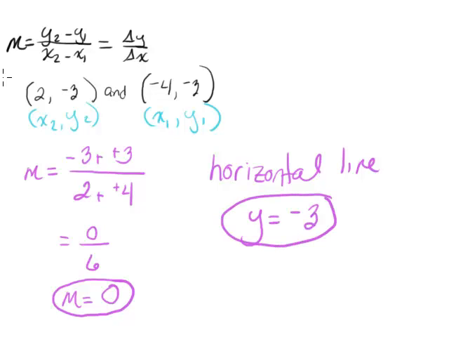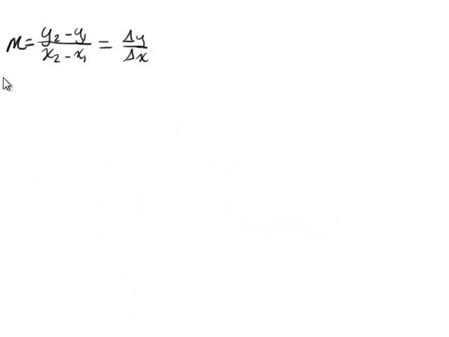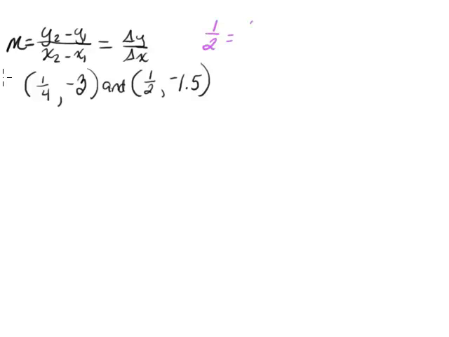Okay. Now let's look at one more example. And now we have the coordinate points 1/4 and negative 3, and 1/2 and negative 1.5. I have fractions here. I know that I can make 1/2 equal 2/4.